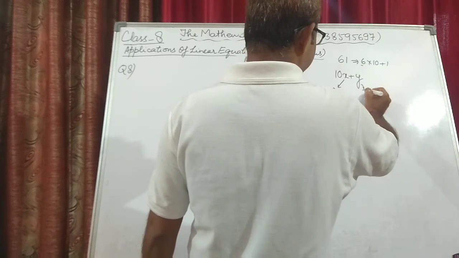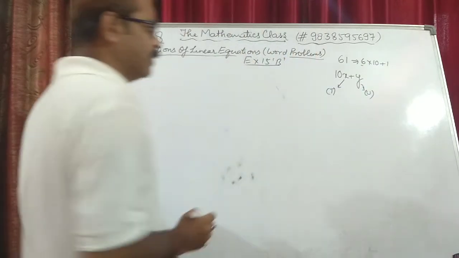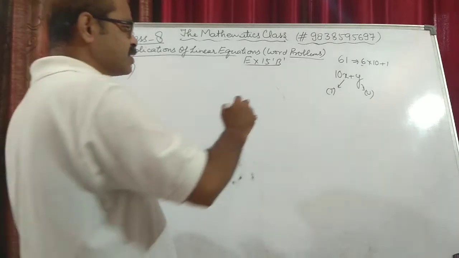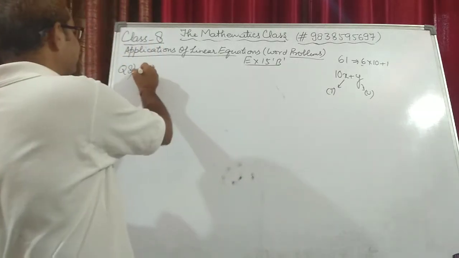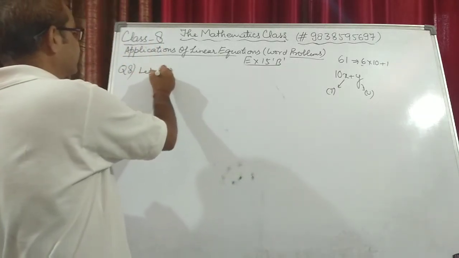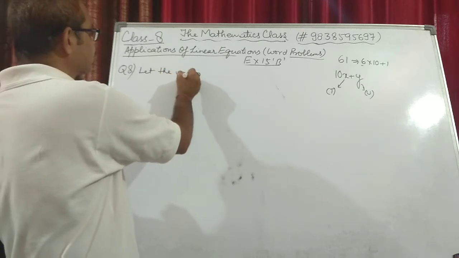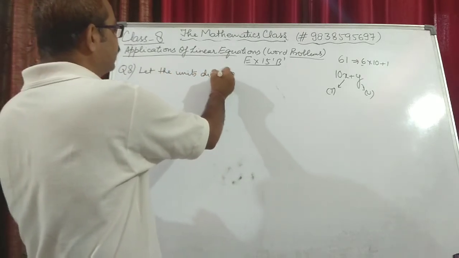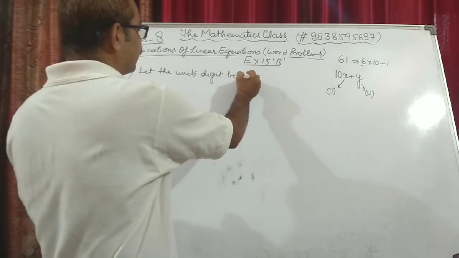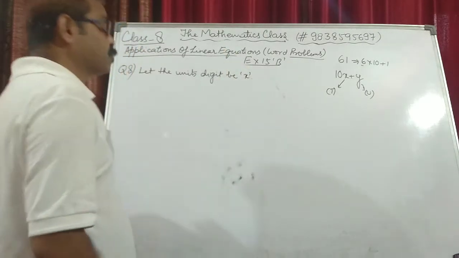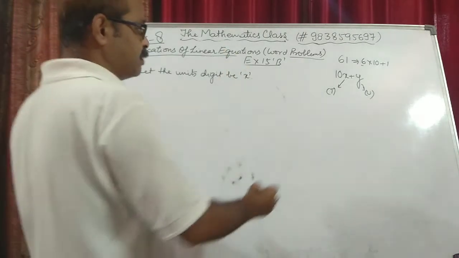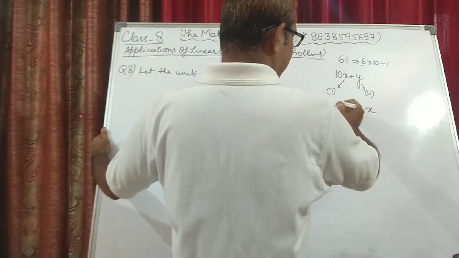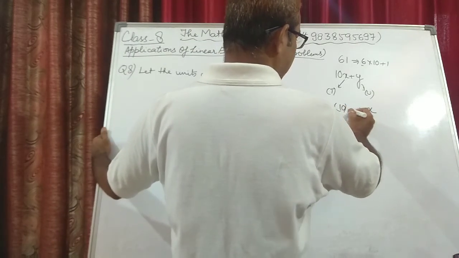Now they say that the sum of the digits means, if I assume, let the units digit of a 2-digit number be x. It means I have taken x as the units digit plus 10 times of some other number.